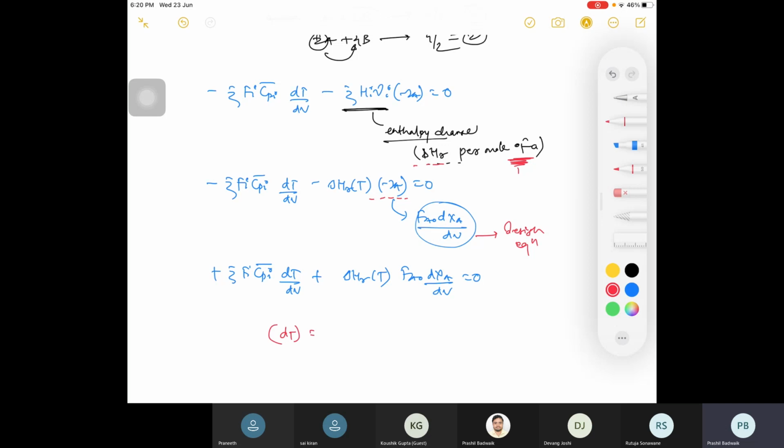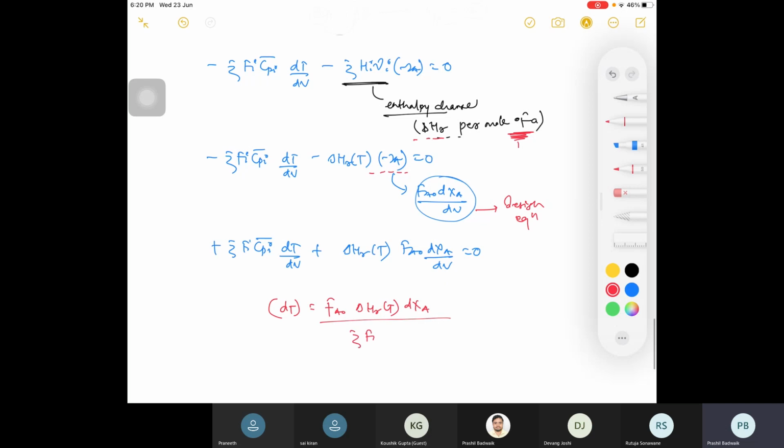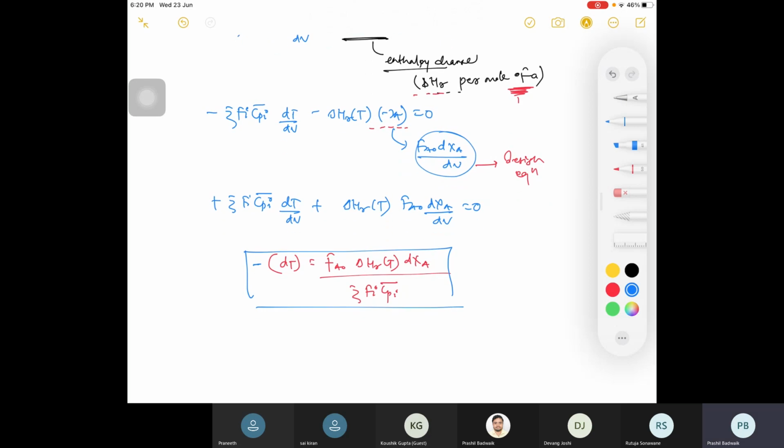So you will find a similar equation. dT is equal to your Fa naught delta HR reaction at temperature T dXA divided by your total input. Here just a change has happened. What change has happened? Just tell me. And dT is your minus, right? It was Ti minus Ti naught, final minus initial, that is where this comes from.